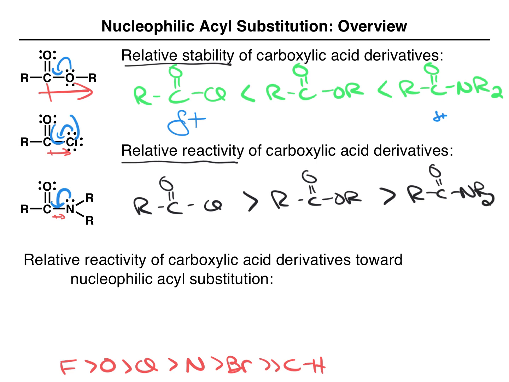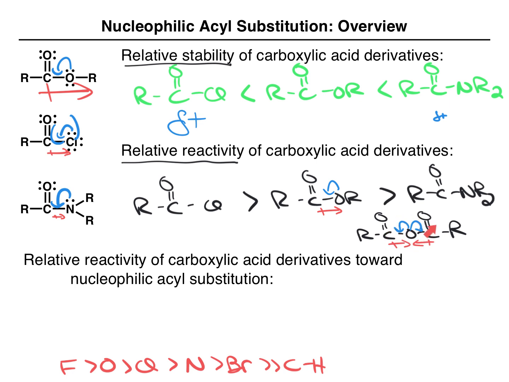Now, as we were trying to compare chlorine to oxygen to nitrogen, we got a few of our carboxylic acid derivatives, but we should also consider where anhydrides fall in this range. So let's compare an ester with an anhydride. In both cases, we have oxygen pulling away electron density from the carbonyl carbon, and in both cases, we have oxygen releasing electron density to the carbonyl carbon by resonance.